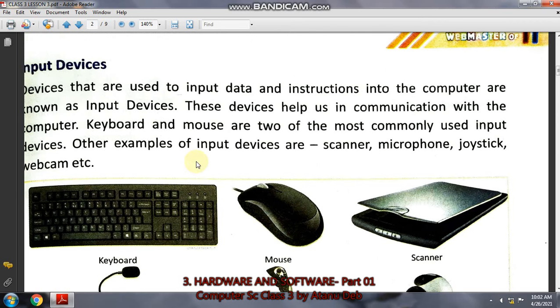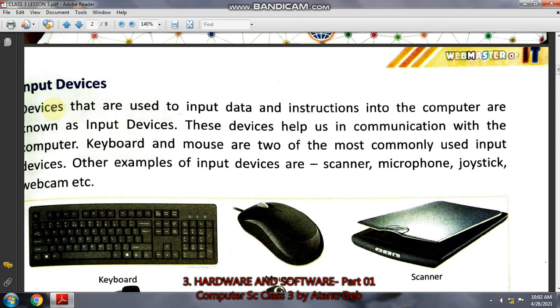So what is the purpose of input devices? Devices that are used to input data and instructions into the computer are known as input devices. Data means any form of data like alphabets, numbers, clicking of the mouse, etc. And instructions means the orders which are given to the computer.